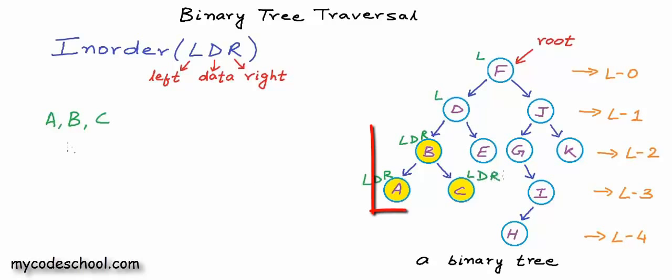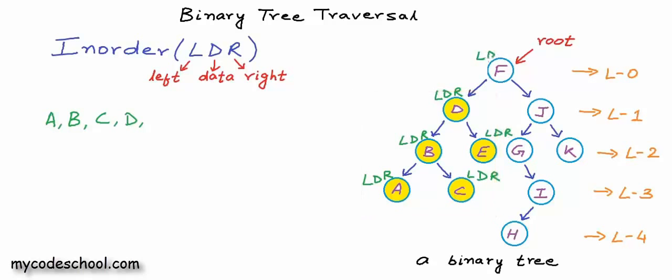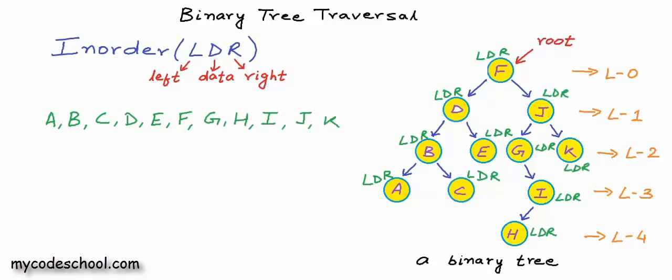Now left of D is completely done, so we can visit it, read the data here. Now we can go to its right to E. For E, once again, left and right are null. At this stage, left subtree of F is done, so we can read the data, and now we can go to right of F. If we will go on like this, this finally will be my in-order traversal.